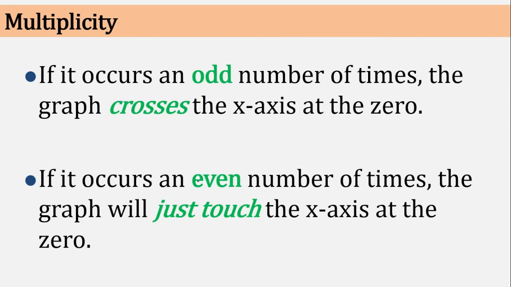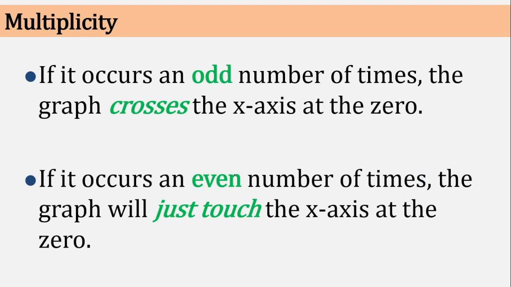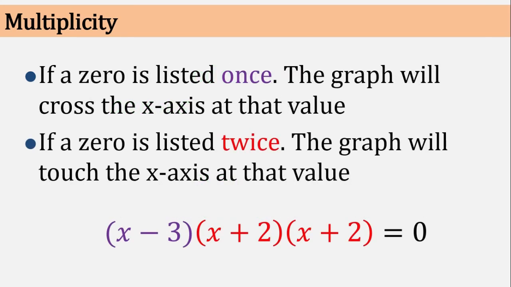If it occurs an even number of times, maybe twice, four times, or six times, that appears in the factor, then the graph will just touch the x-axis and bounce back at that zero. So here is an example of the factorized form of a polynomial.